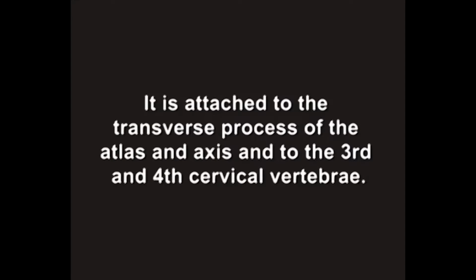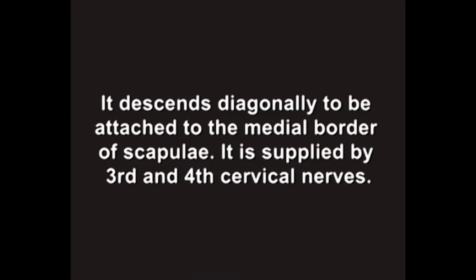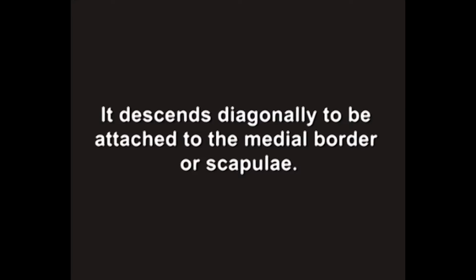Levator scapulae. It is attached to the transverse processes of the atlas and axis and to the third and fourth cervical vertebrae. It descends diagonally to be attached to the medial border of the scapula.